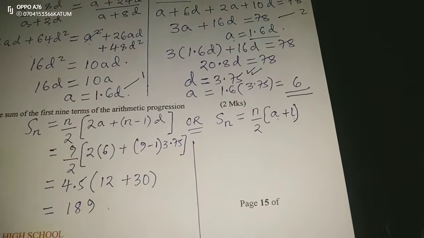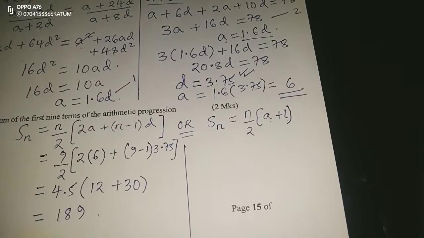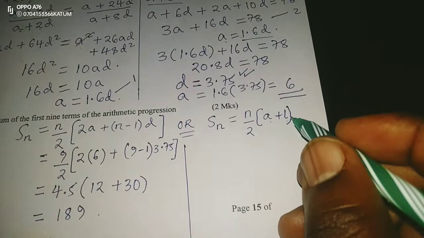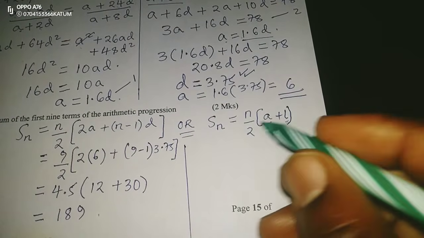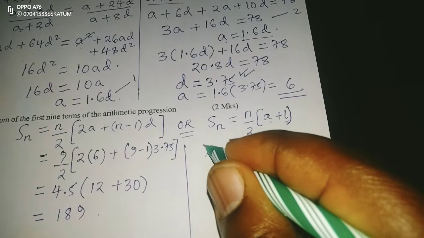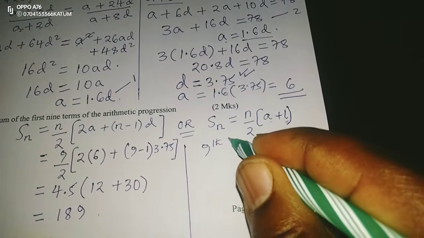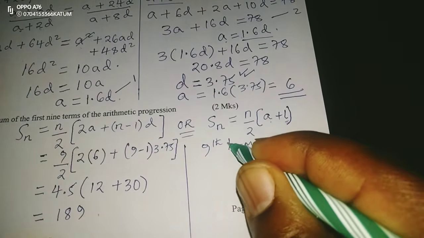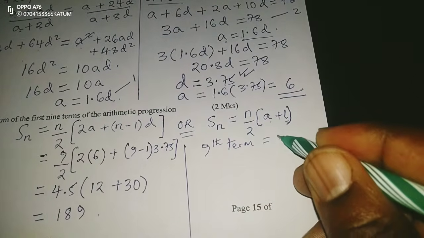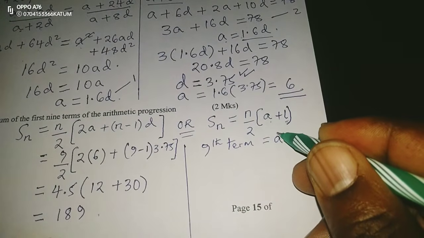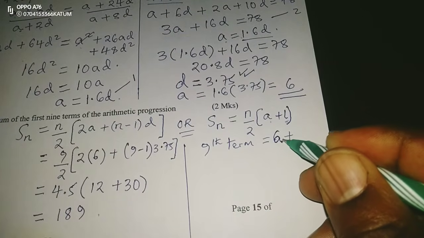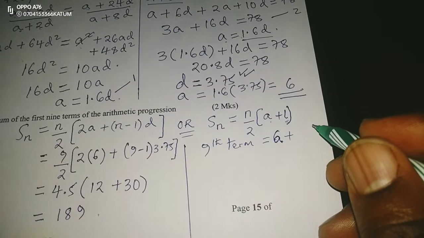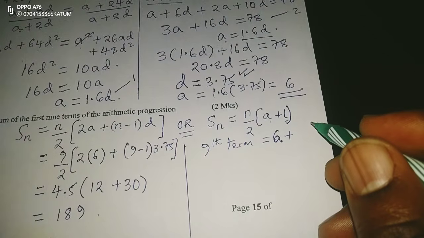Using the alternative working, we are supposed to get the last term in such a progression. So the last term is going to be the 9th term. The 9th term is going to be a, which is known as 6, plus n minus 1, using the formula which we already wrote.